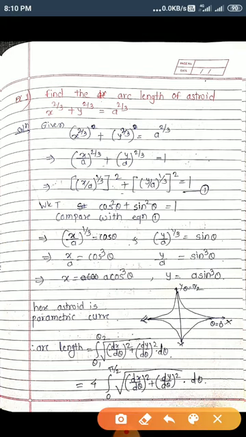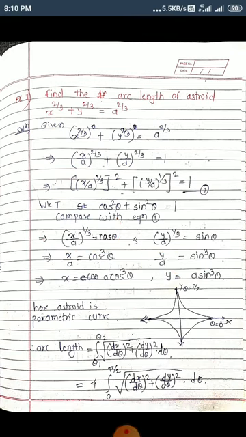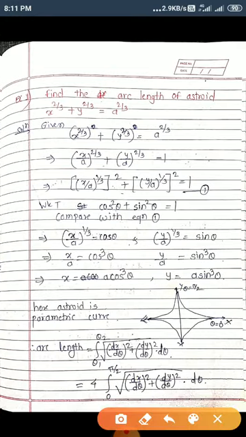Taking the cube on both sides, we get x upon a is equal to cos cubed theta and y upon a is equal to sin cubed theta, that is, x and y are expressed in cos theta and sin theta. So x is a cos cubed theta and y is equal to a sin cubed theta.